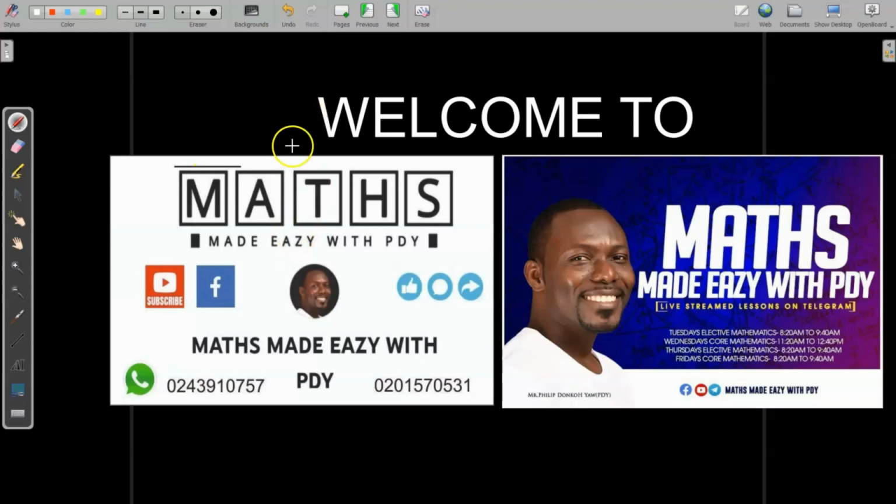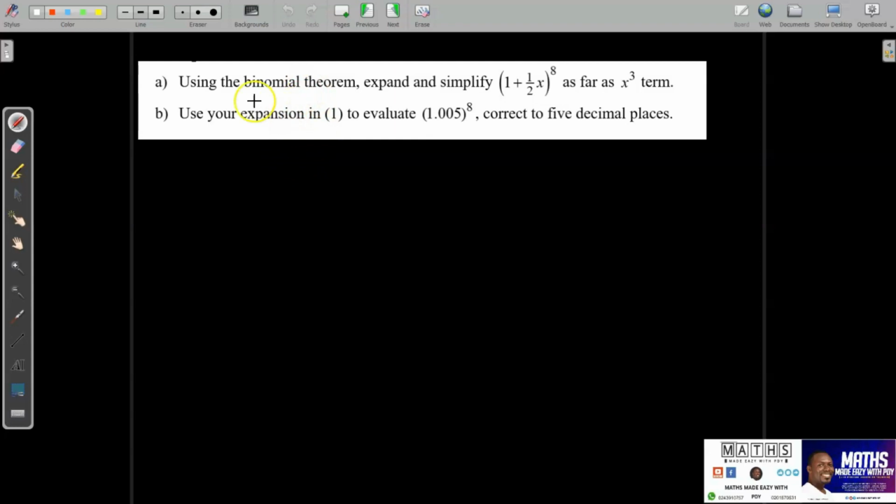So without wasting time, let me go to the first slide, which shows that using the binomial theorem, expand and simplify 1 plus half x all to the power 8 as far as the x cubed term. Part B of the question says use your expansion in part 1 to evaluate 1 plus 0.05 to the power 8, correct to 5 decimal places.